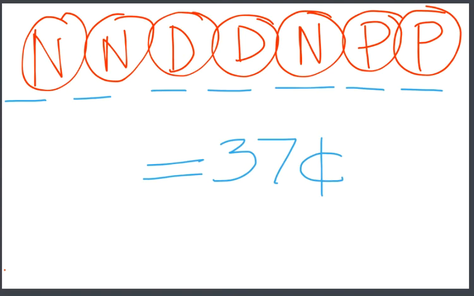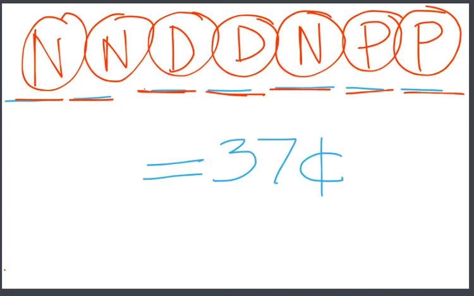That means a dime is the biggest one, so I will remember that a dime is worth 10. 10, 20. Now I will count by 5, so 10, 20, 25, 30, 35, and now my 2 ones, 36, 37.